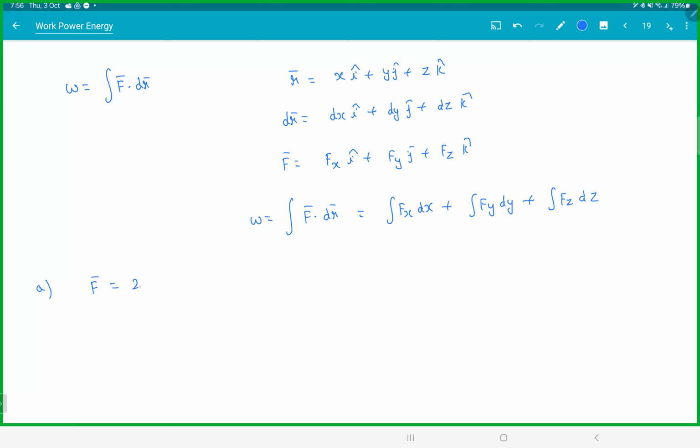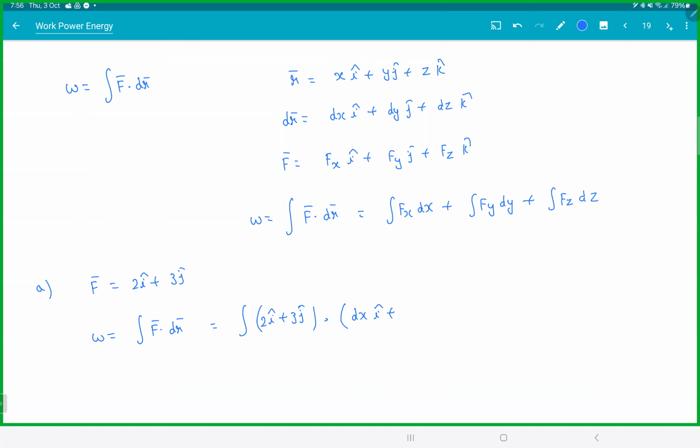Now coming back to our question, the force was 2i plus 3j. Applying this formula, work done is integral f bar dot dr bar. I know you can do this much faster because f bar is constant, as force dot product displacement, but then you'll get stuck with B, C, D. That's why I'm showing you this general method.